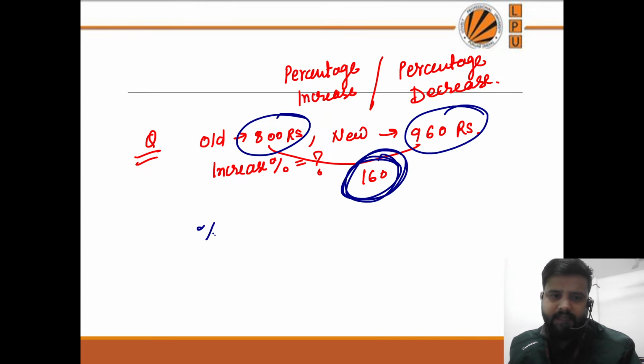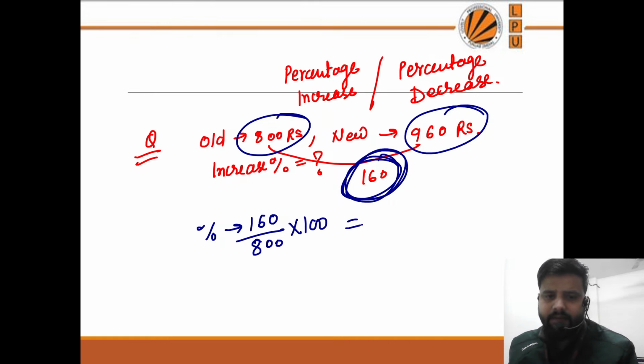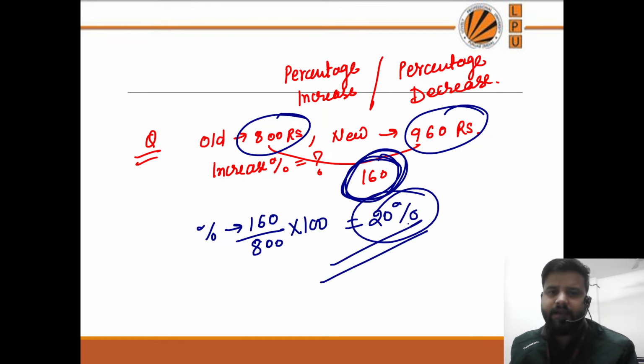In terms of percentage, the increase is 160, and since increase and decrease are always calculated in terms of percentage over your old value, 800 will be in your denominator and multiplied by 100, which will give you 20% as the answer. It was the basic one in percentage increase and decrease.